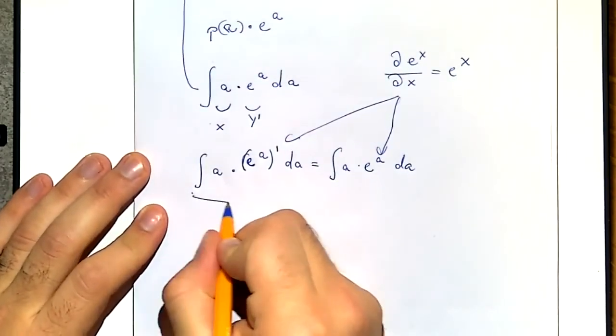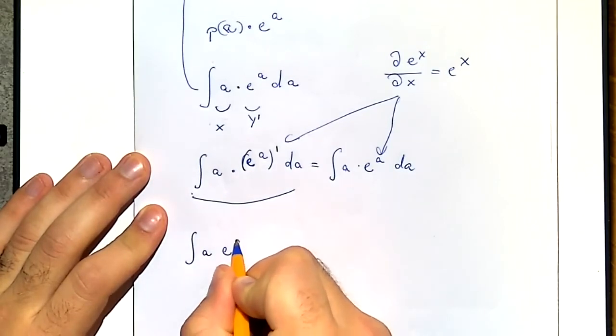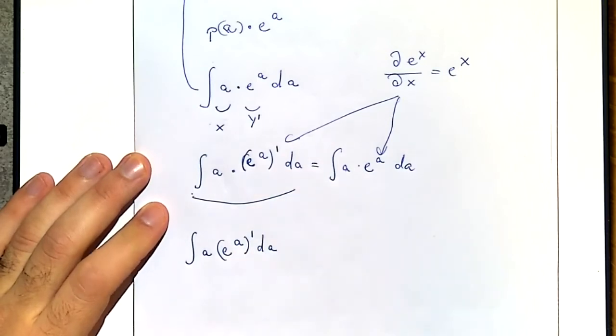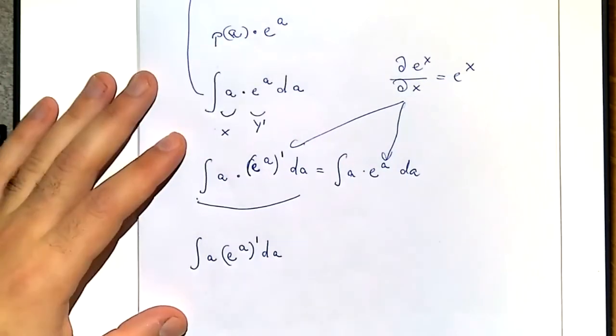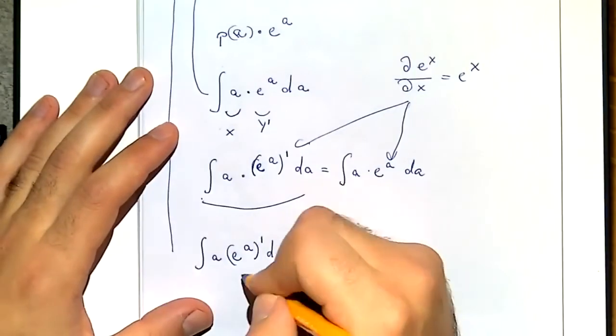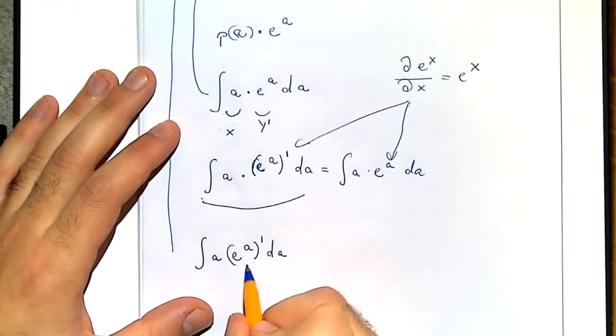Now I'm going to use this form over here: integral of a times (e^a)' da. I always look back to my formula and see how I can use it. I have one term now that is a derivative.